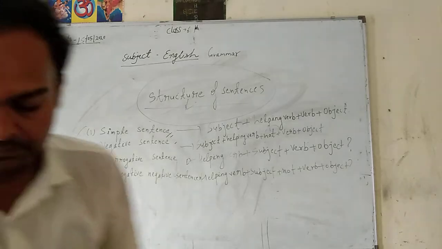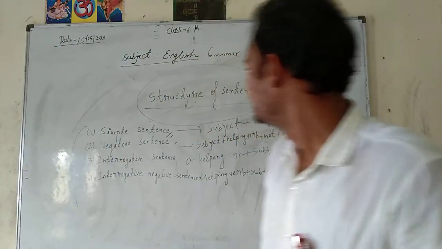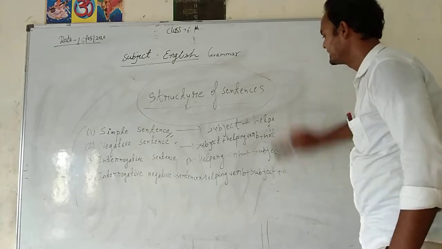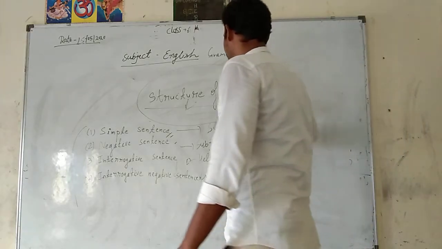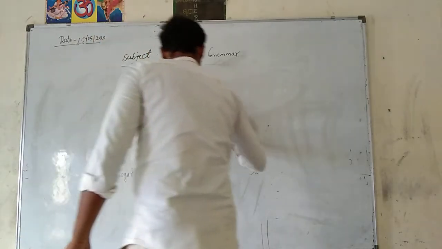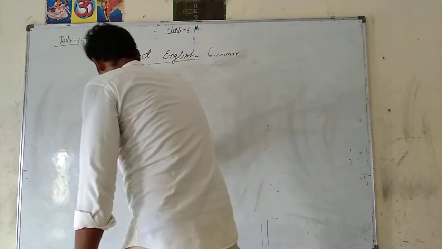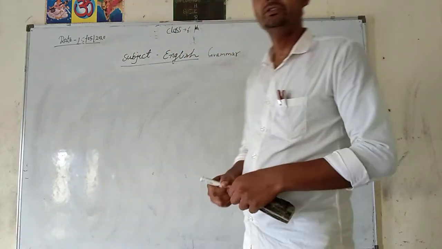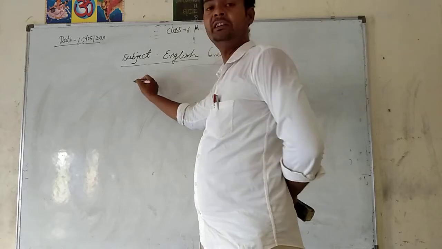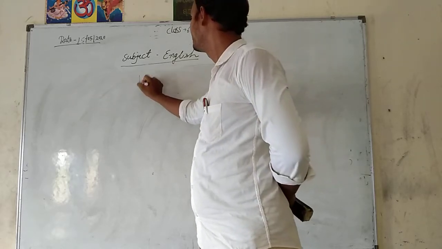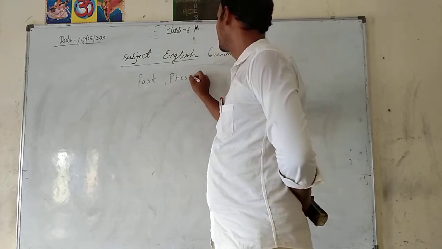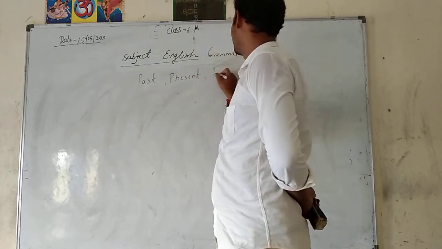Okay students, now we start our tense. As we know simply, there are three types of tenses: past, present, and future.